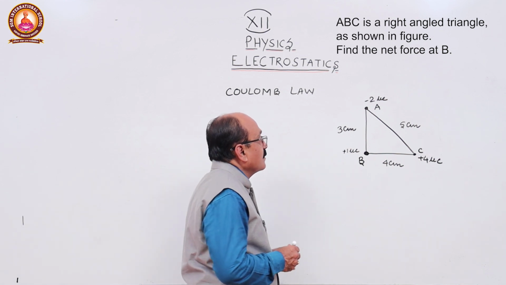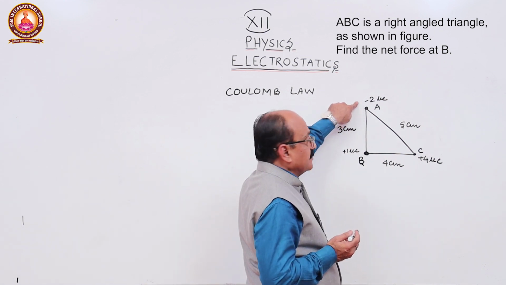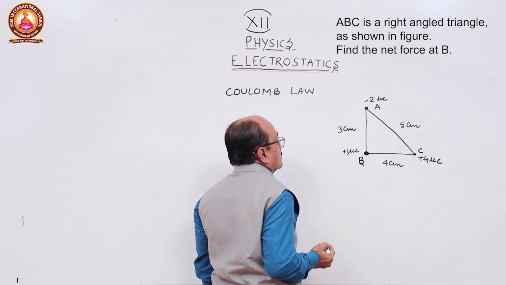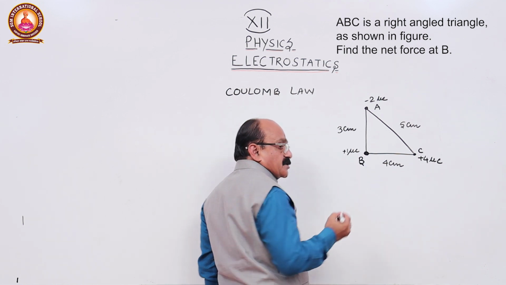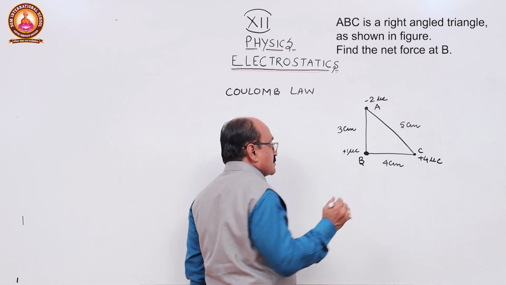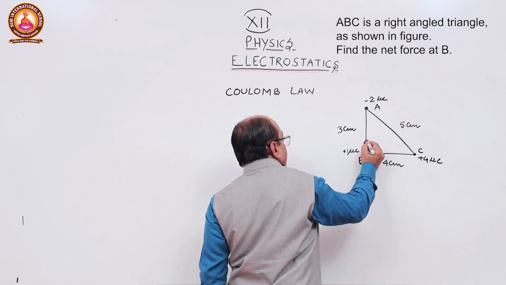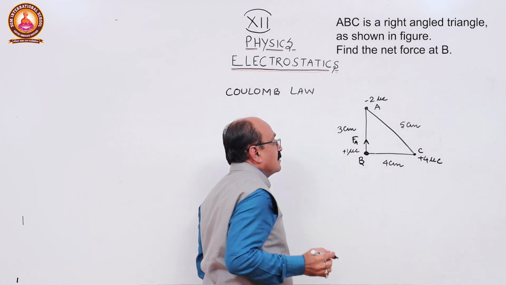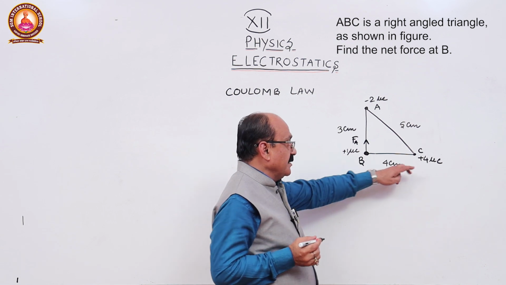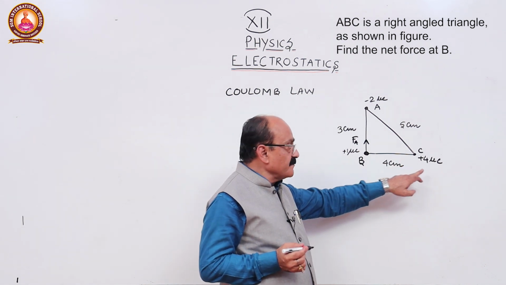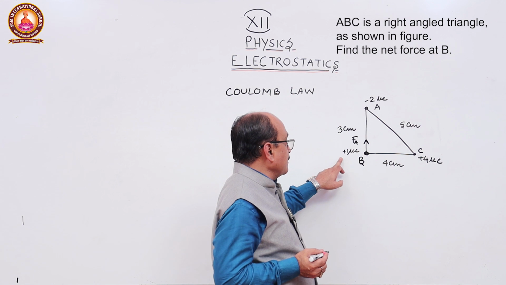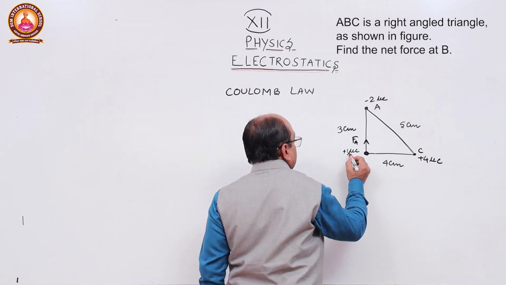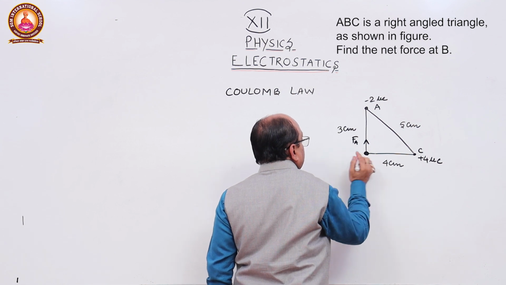Now, at A, the charge is negative. At B, the charge is positive. So, the force will be attractive force, and at B, it will be in this direction, FA. In the same way, the point C is positive, point B is positive, there will be a force of repulsion in this way.